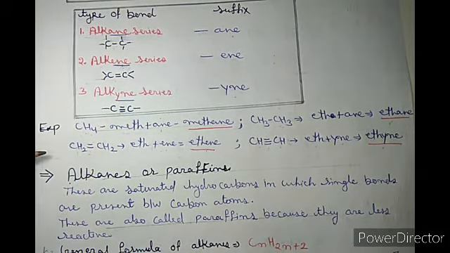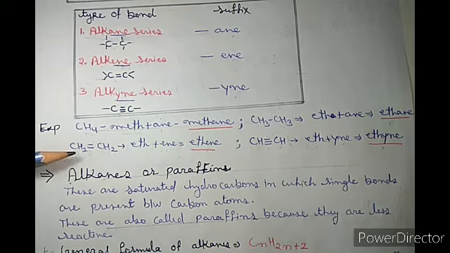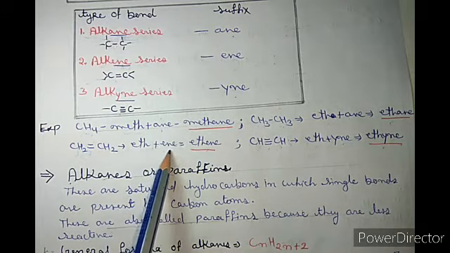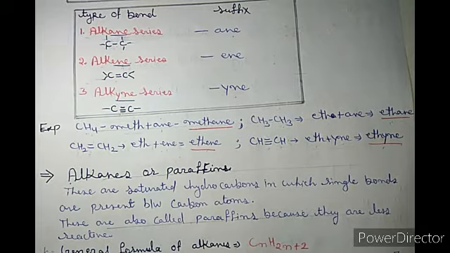Similarly, in the third example, again there are 2 carbons, so eth, but this time a double bond is present, and because of the double bond, that means it is the alkene series. The suffix ene is used, so its name becomes ethene. Got it?